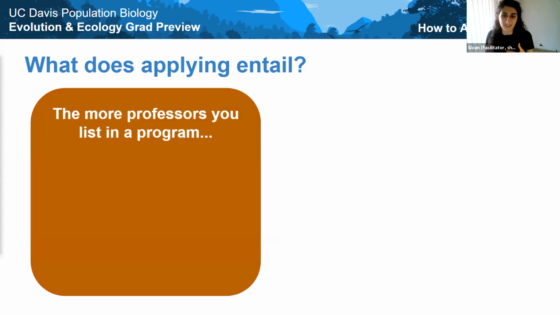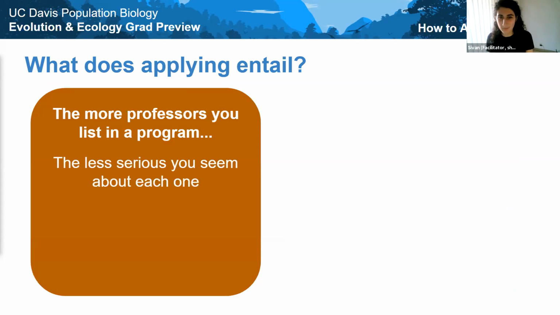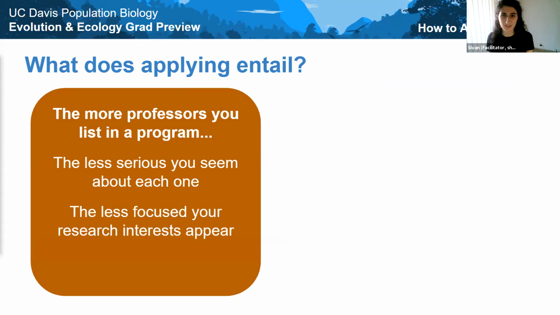And in general, the more professors you list on that application, the less serious you're going to seem about each one, and the less focused your research interests are going to appear. And so a good rule of thumb is don't list more than three and only list the professors of labs that you are genuinely interested in joining or are curious about and are considering joining.